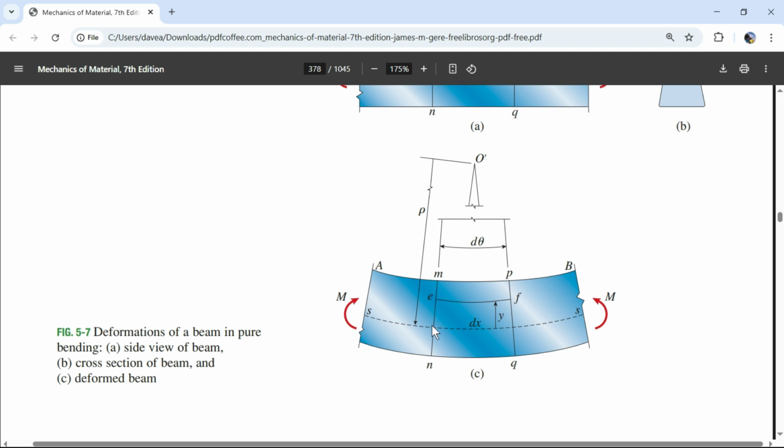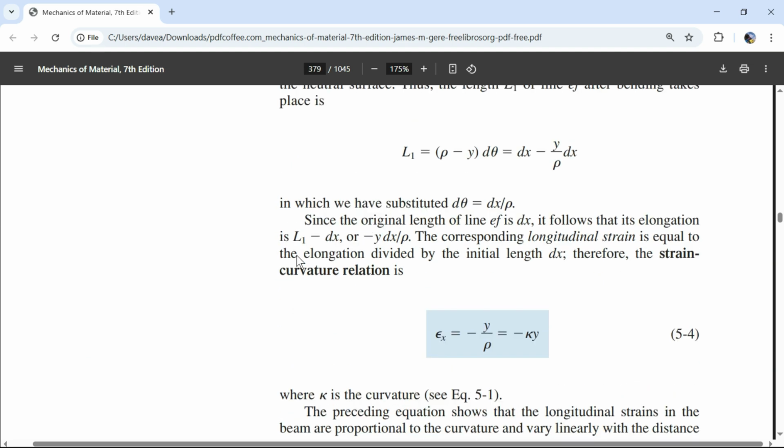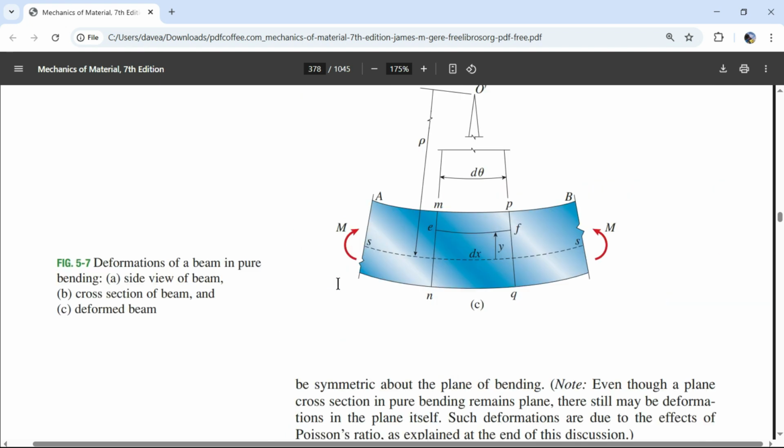And so what I want to know, because we're trying to find the strain, is how much it changed length. That is going to be useful. The strain equation is a change in length compared to the original length.